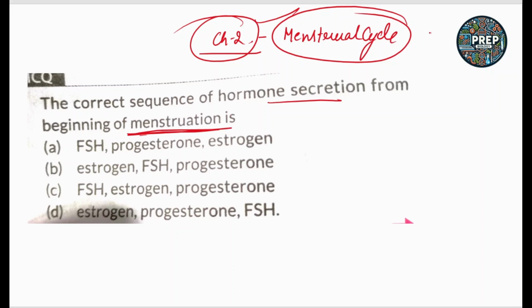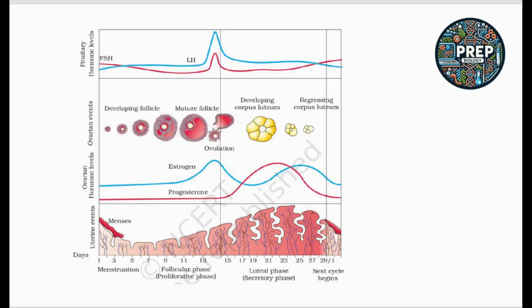So this particular topic is also very important. So what is the answer? We have to find the correct sequence of the hormones in the menstrual cycle. This is the chart of the menstrual cycle of 28 to 29 days, and you have to follow the hormones.